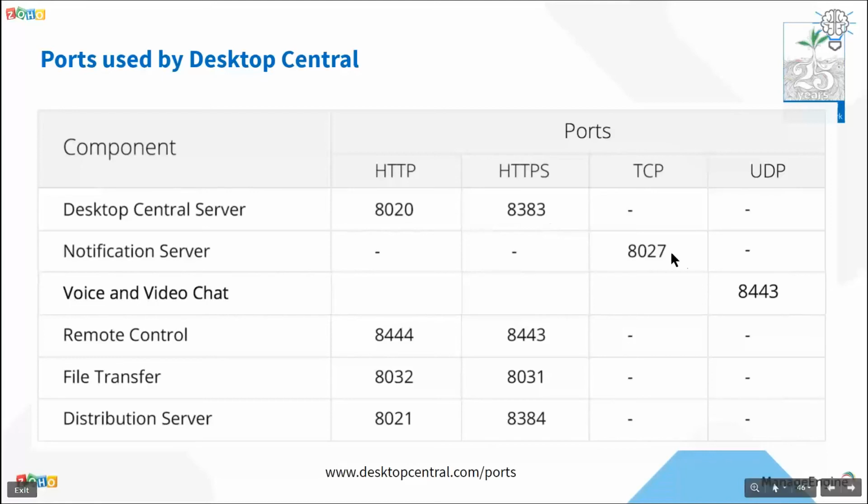Notification server port 8027 is used to send any notifications from server to agent. If you are using the voice and video chat features available in Desktop Central, we use port 8443. And for remote control, file transfer, and distribution servers, these are the respective ports used.